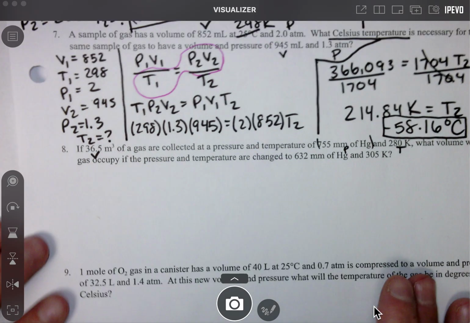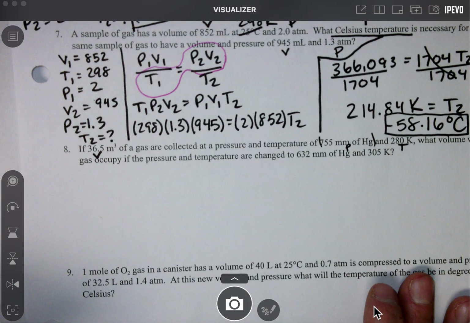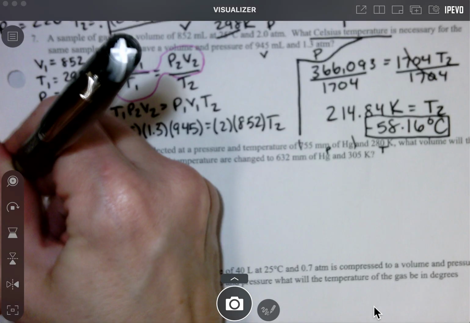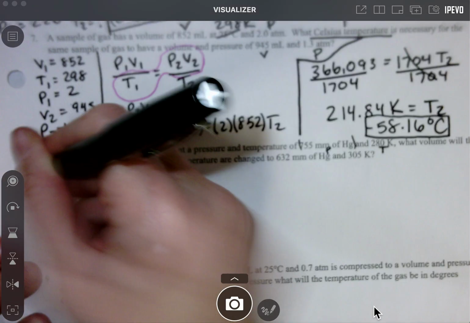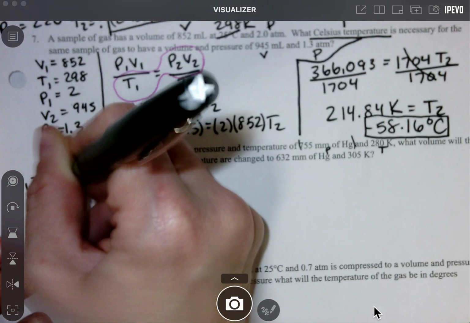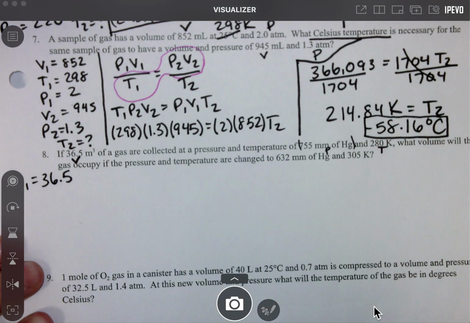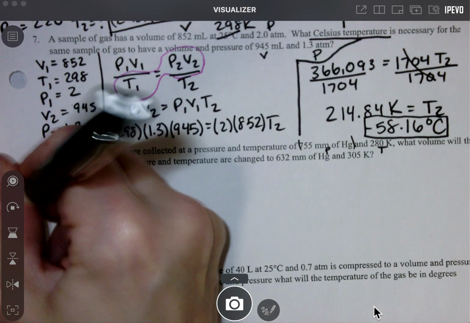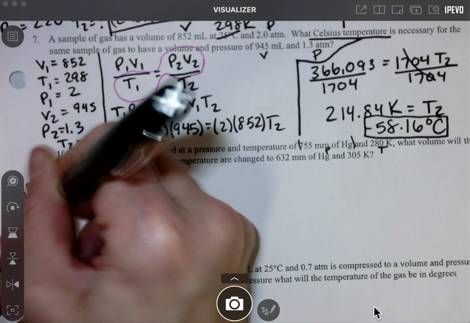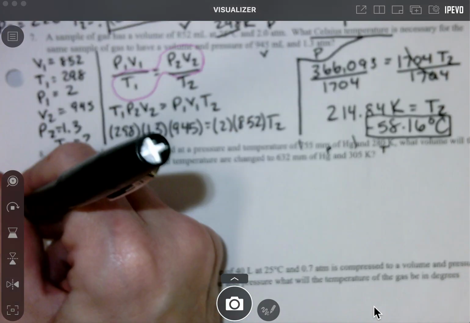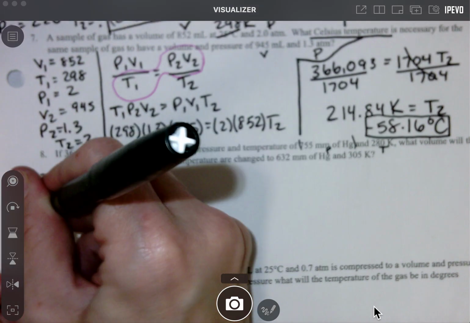So first I'm just going to sort out all of my numbers. My volume 1 is equal to 36.5. My initial pressure is 755. My initial temperature is 280.